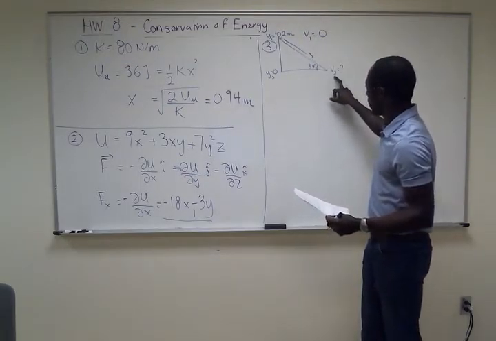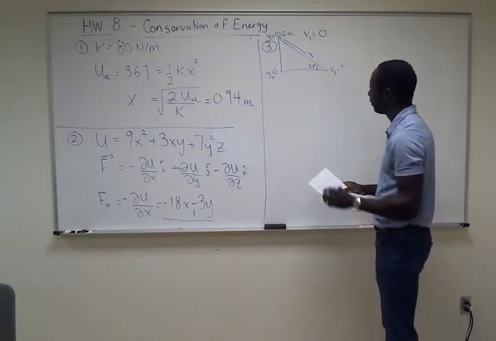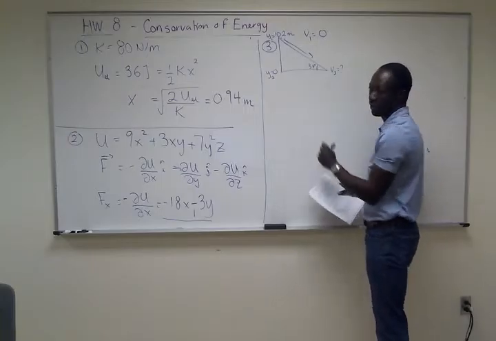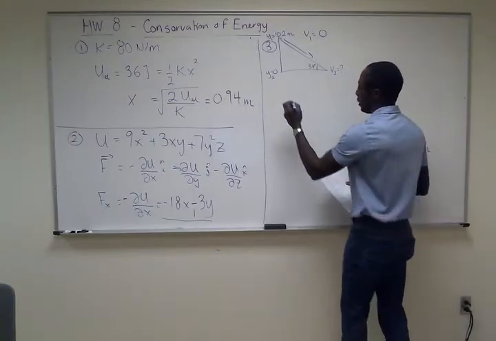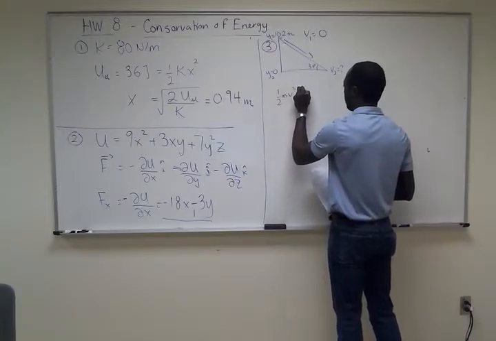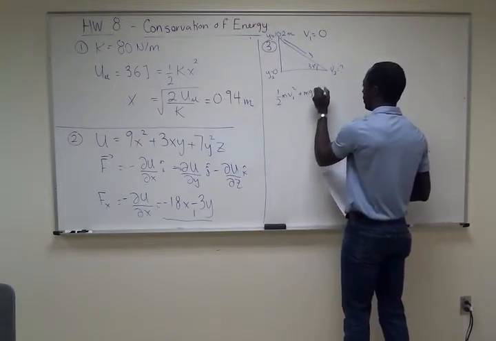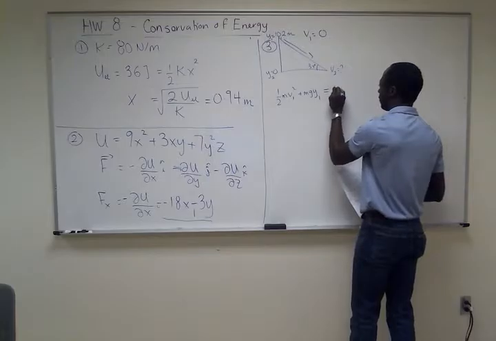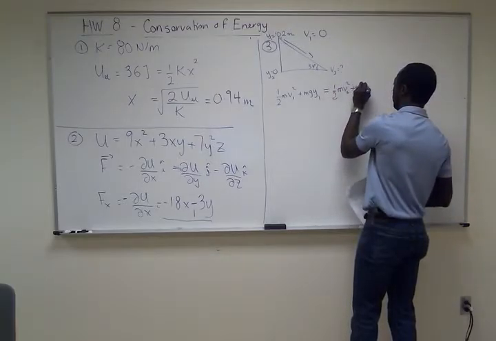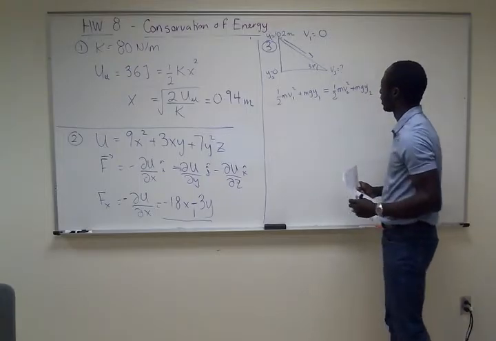To find the speed when he reaches the bottom of the inclined plane, since there's no friction, we have the conservation of mechanical energy. So half m v1 squared plus m g y1 should be equal to half m v2 squared plus m g y2.